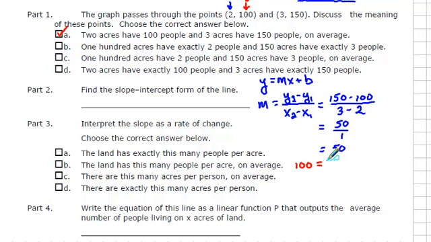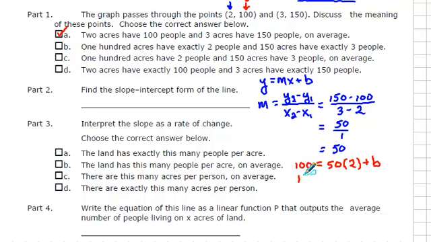For m, we'll substitute 50. For x, we'll substitute 2, and then we'll add b. We have not figured out the y-intercept yet, and so we have to leave b in the formula. Now we go ahead and solve for b.